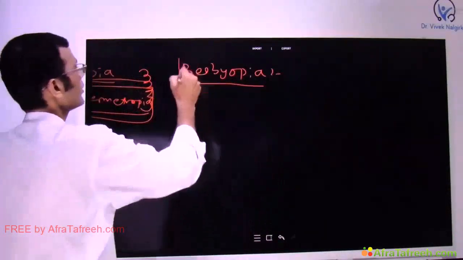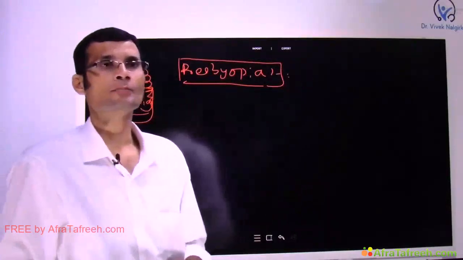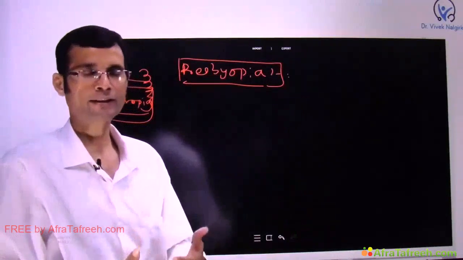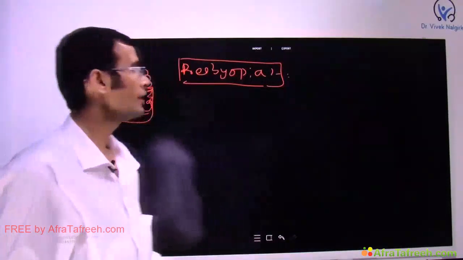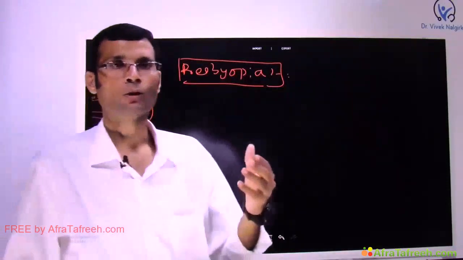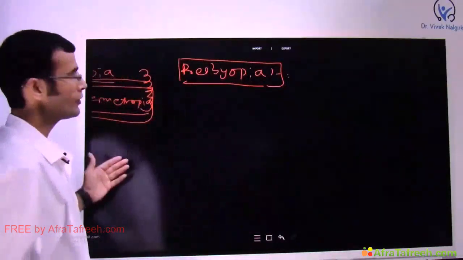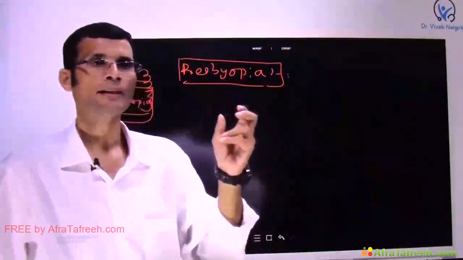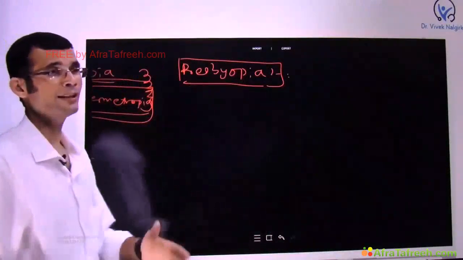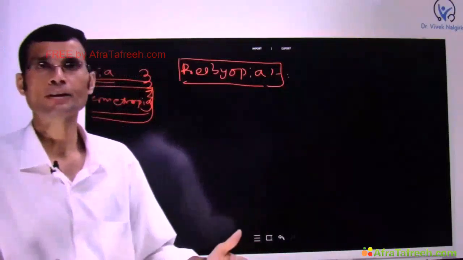So what's presbyopia? Presbyopia is generally the defect that occurs due to the aging process. After the age of 40, there is loss of power of accommodation. Because there is hardening of the lens, the lens protein coagulates, and therefore lens curvature cannot increase beyond a certain point.